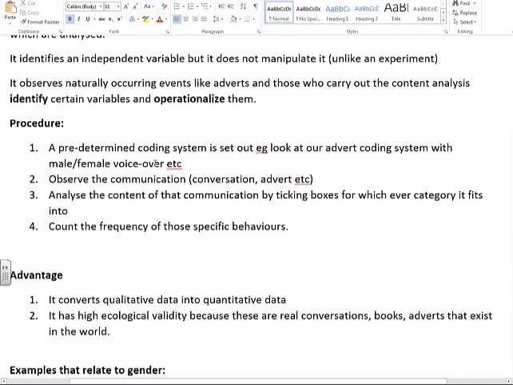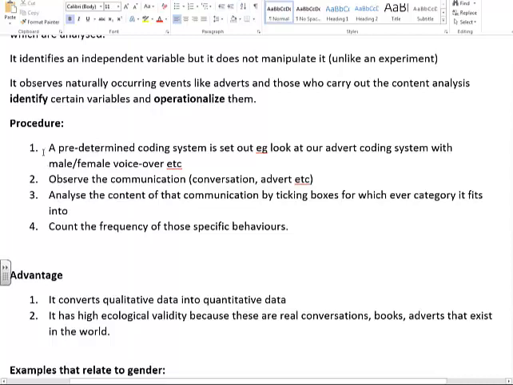With the advert that we've looked at, whether the male or the female has the key role in that, whether they're seen as active or passive, things like that. So that's what we mean by this little coding system. Look at our advert coding system with male, female voiceover. So I'm referring to the one that we did in class. Okay, so look at that. That shows you what I mean by this predetermined coding system.